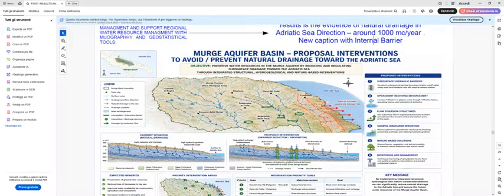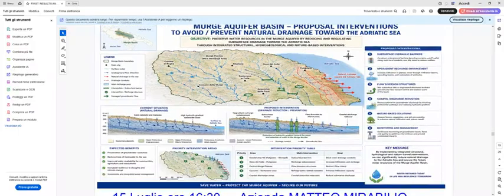So the scope is to preserve water resources in the Murge aquifer basin by reducing and regulating the subsurface drainage towards the Adriatic Sea, through integrating structural analysis, hydrogeological model, on-site testing, and nature-based intervention. So you have the planning, this is the Murge-based boundary.